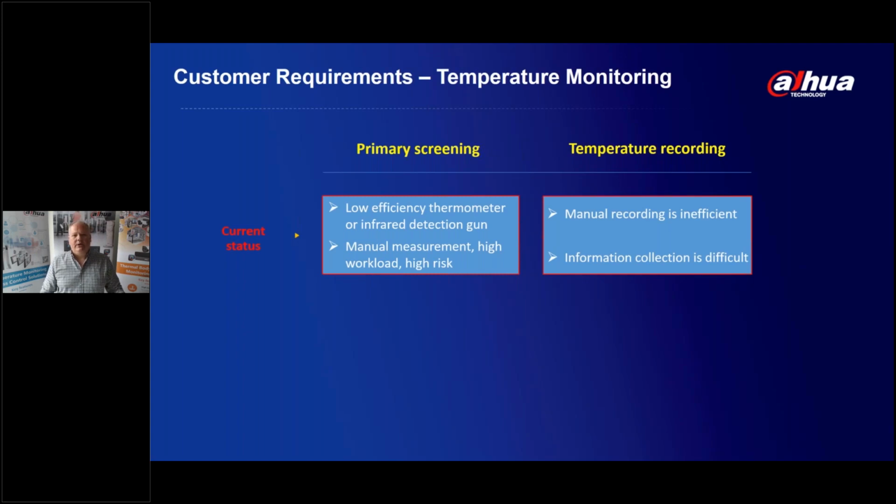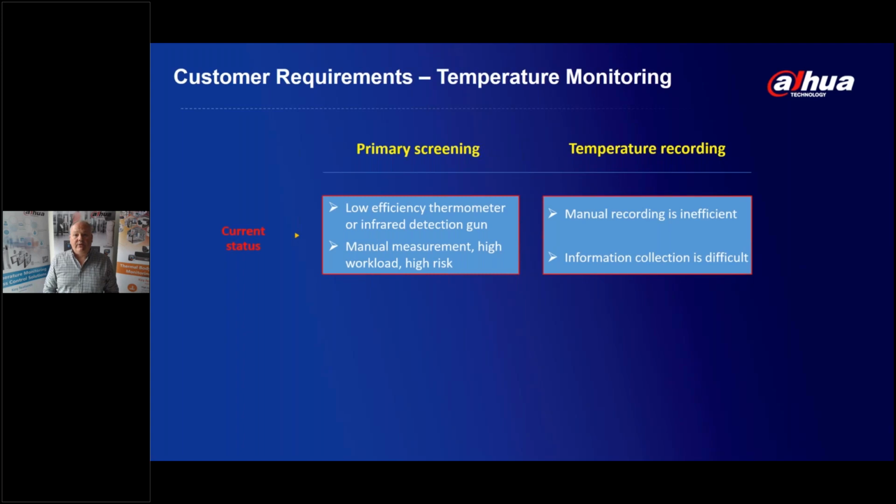Firstly, let's have a look at what our customers tell us about the requirements of a temperature monitoring solution. As far as primary screening is concerned, the way people have historically done it is to use a handheld thermometer. The trouble with that is you get very close to a person, and that can be quite dangerous in terms of infringing social distancing rules.